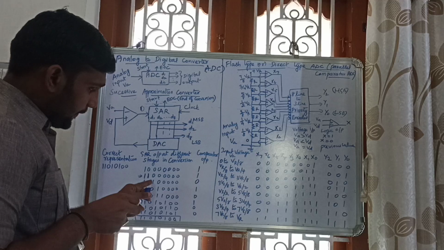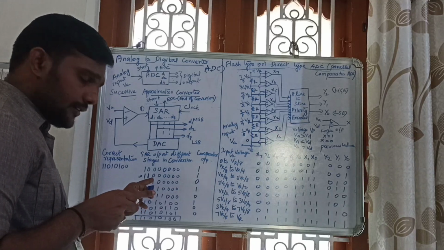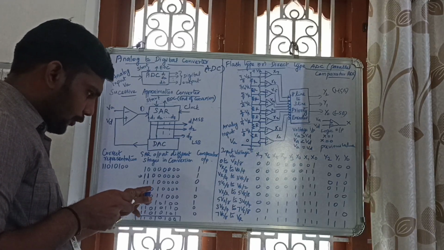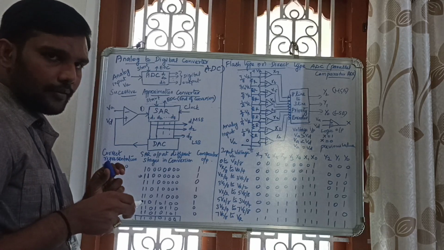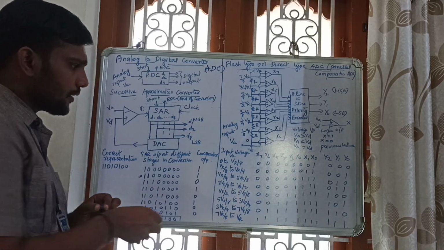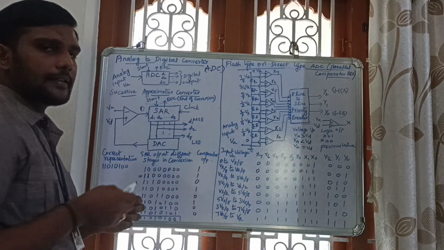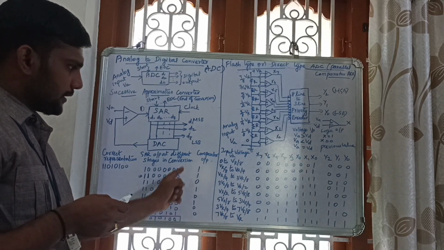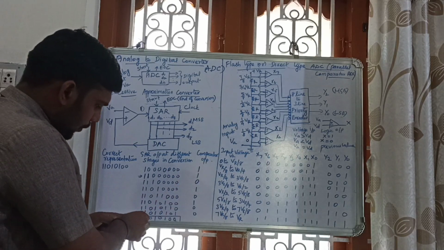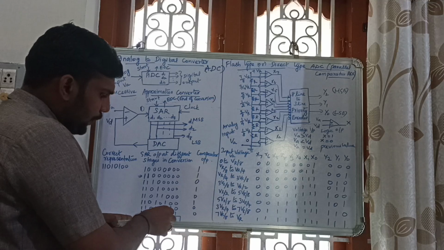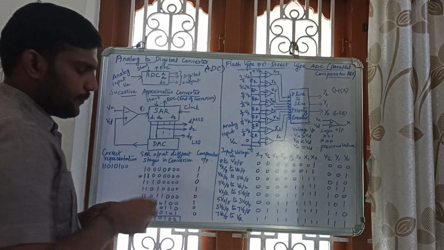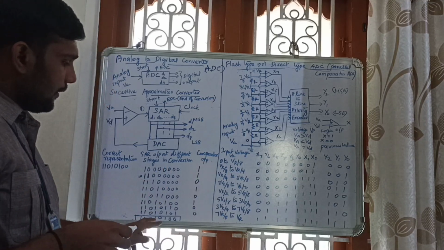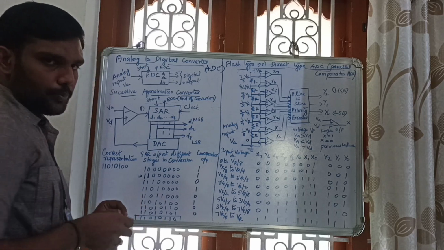That's why it is changing the bit 1 to 0 and making the next bit as 1. The process will be repeated until it gets the output. Here the output is 1 1 0 1 0 1 0 0. This is the digital output.